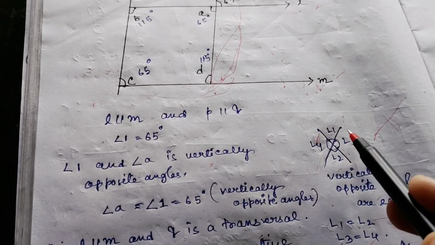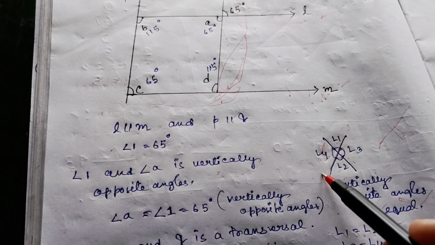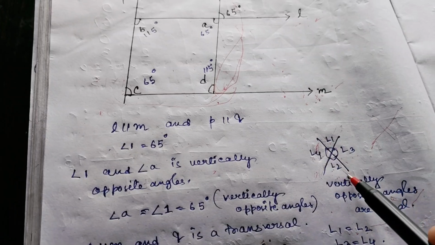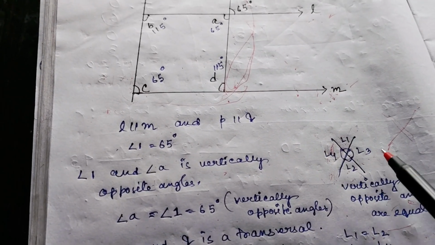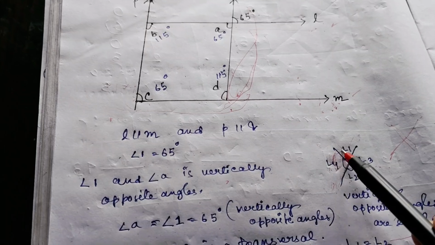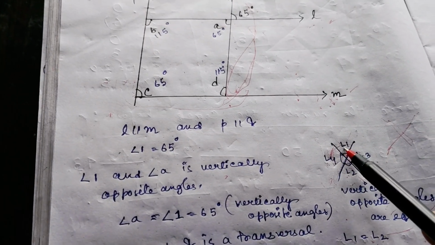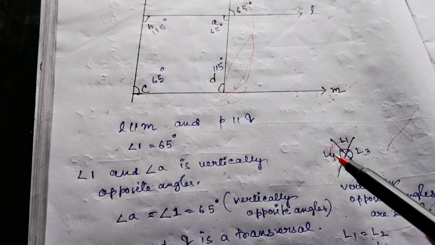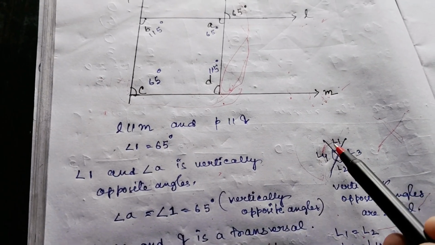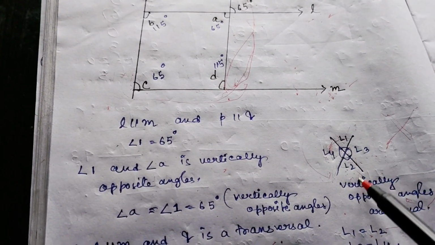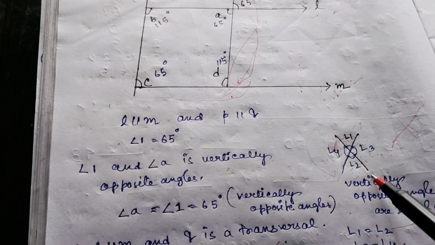See, if two lines bisect each other, this is the first line, this is the second line, then four angles are created. This is L1, this is L2, this is L3 and this is L4. In this diagram, L1 and L2 are vertically opposite, L3 and L4 are vertically opposite.